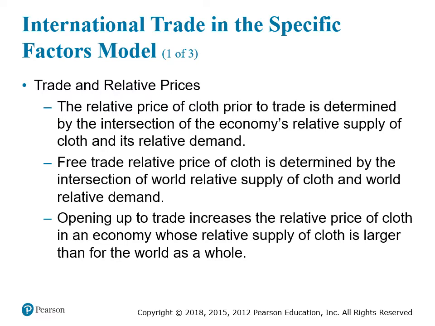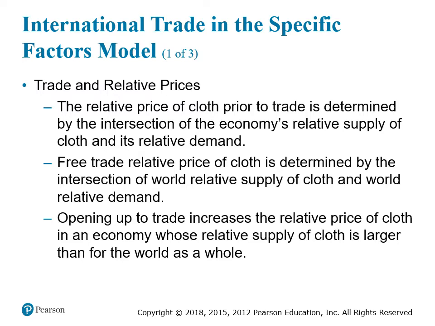Now we talk about international trade in the specific factors model, so how trade will basically affect, or how this theory of the specific factors model explains the effect of engaging in international trade.